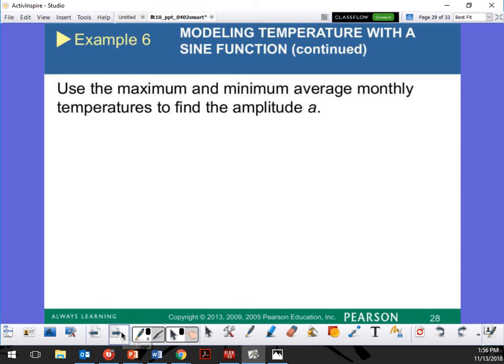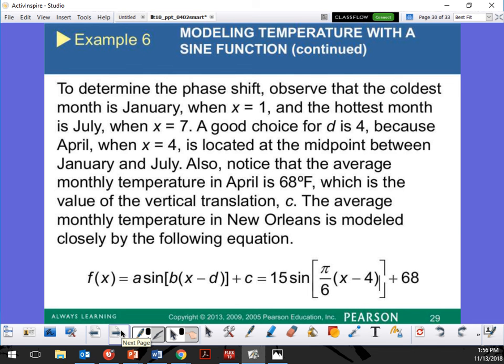Alright, for these problems right here, you're going to see one of these on the homework. Just plug this into your calculator. That's all you have to do. It even says right here, coldest month, January x = 1, hottest month, right here.